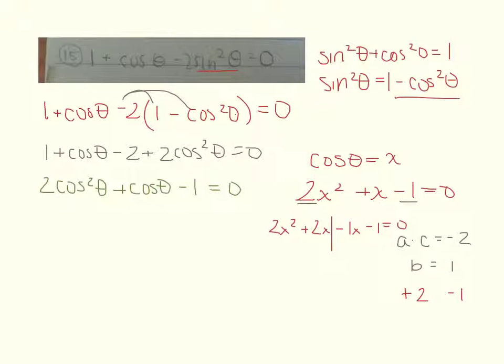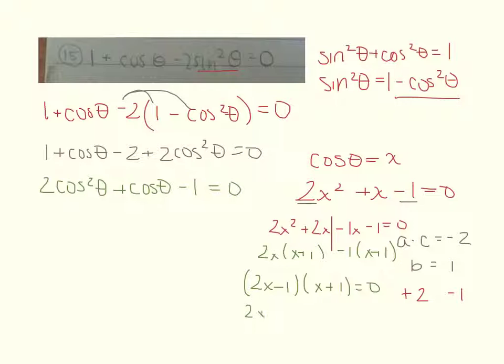We're going to factor by grouping. So we split the problem in the middle, in between the two terms, and then you're going to factor out a 2x. We're left with x plus 1. And in the second term, we've factored out a negative 1. We're left with x plus 1. So our factors are 2x minus 1 and x plus 1, equal to 0. So the next thing I'm going to do is solve these.